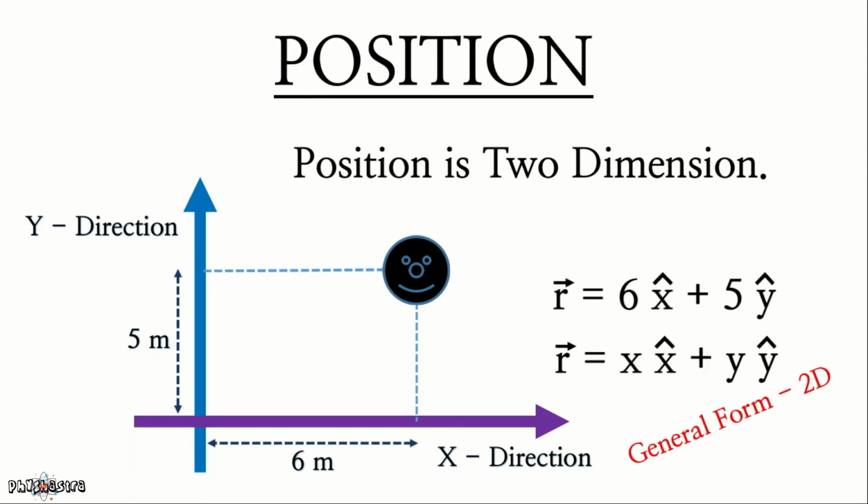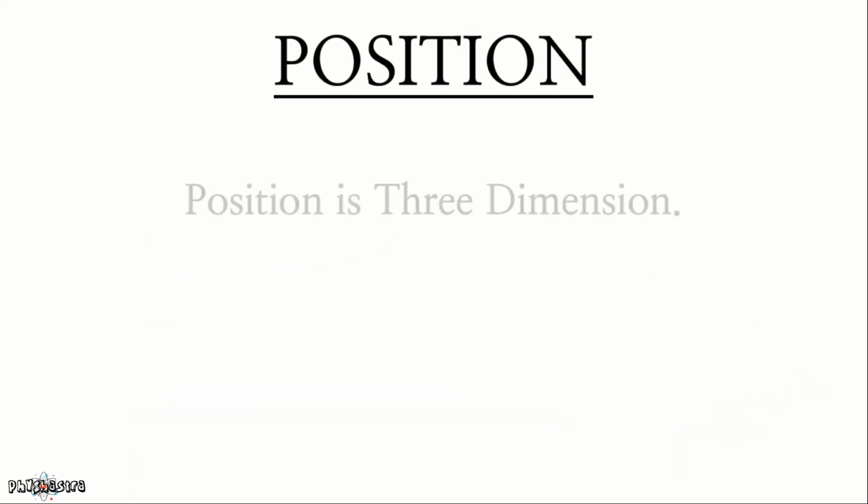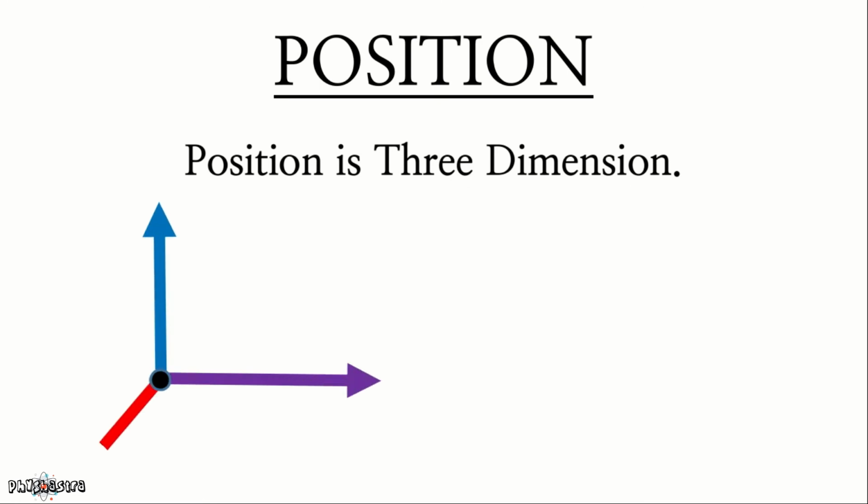In a more general way, the position in two dimension is represented this way. Vector r, which is position, equals position x in x cap plus position y in y cap. Similarly, in three dimension, the position is represented as vector r equals x x cap plus y y cap plus z z cap.